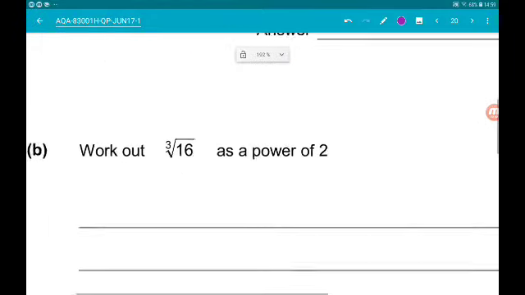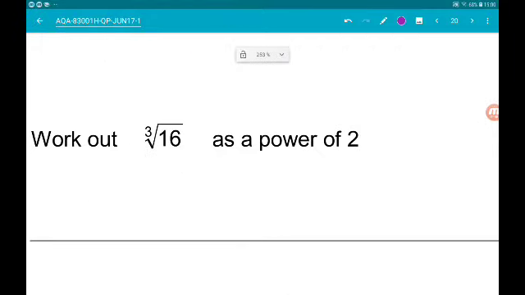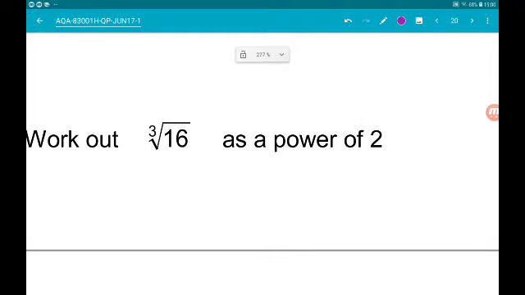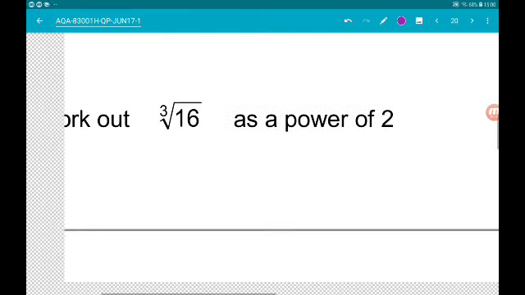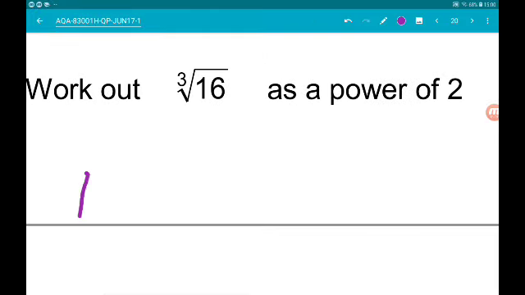And part B wants us to work out the cube root of 16 as a power of 2. So what that means is 2 to a certain power. Now, 16 is 2 to the power of 4.